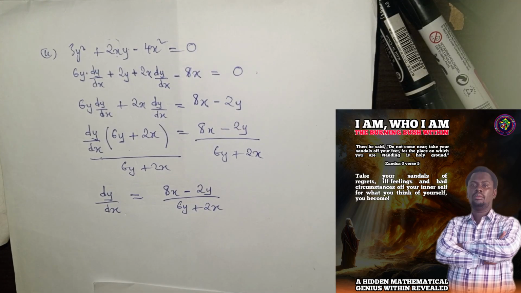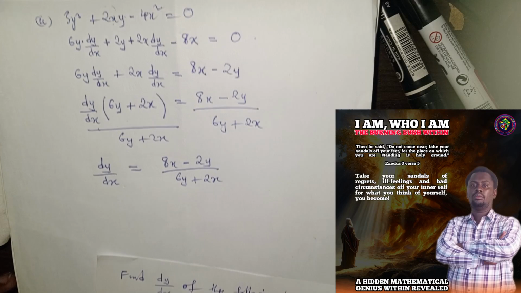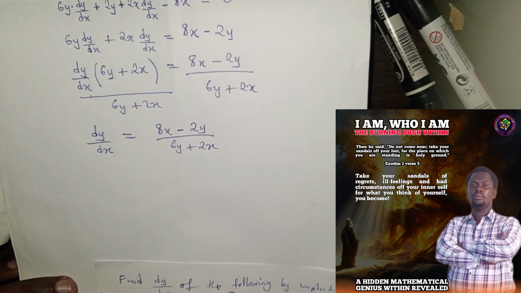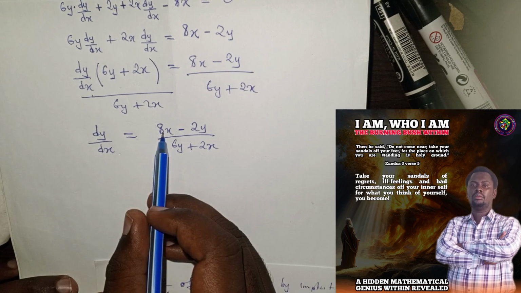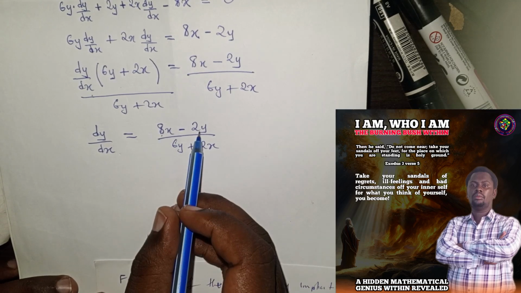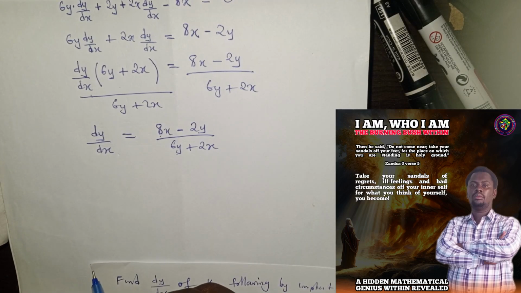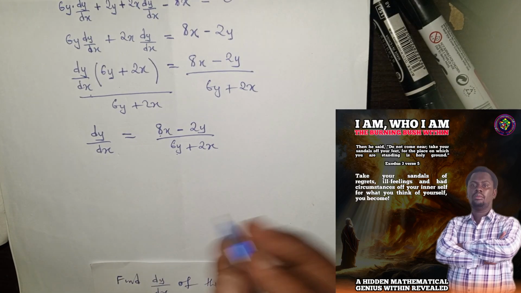Okay. If you look at the fraction this side, you can see that there is a common factor. 2 can go into 8x, into 2y, into 6y, and into 2x. So 2 is common.